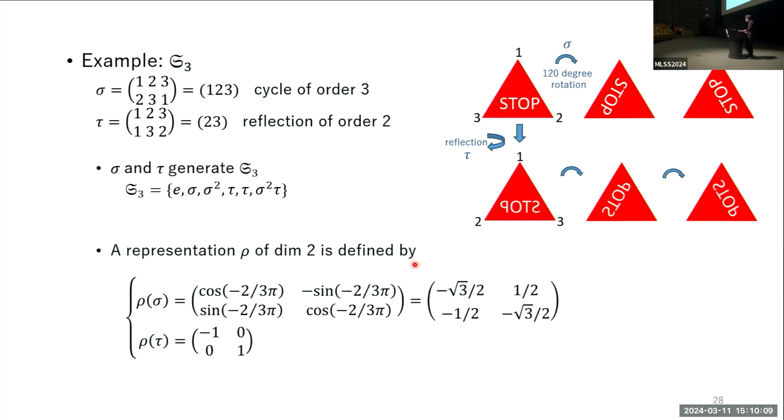Let's take just a 2-dimensional group representation here. For sigma, let's consider the 120-degree rotation as depicted in this figure. And for tau, the mapping of tau by rho is given by the flip along the vertical axis.